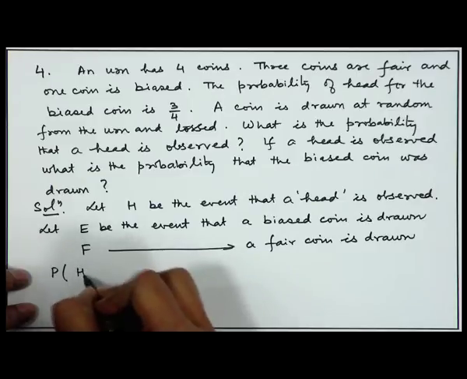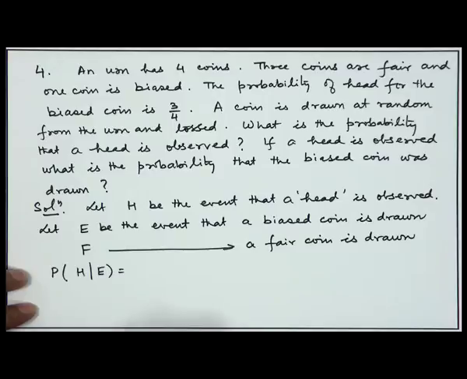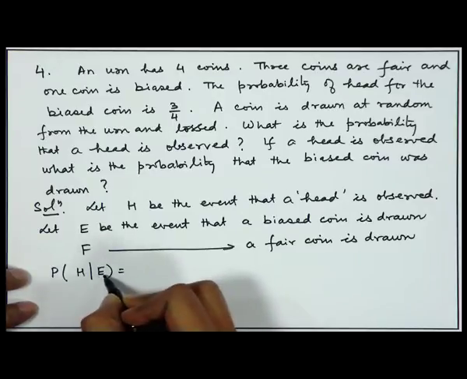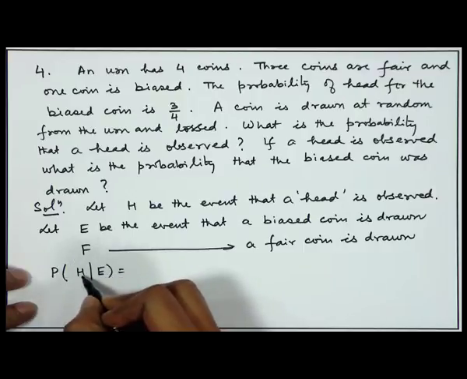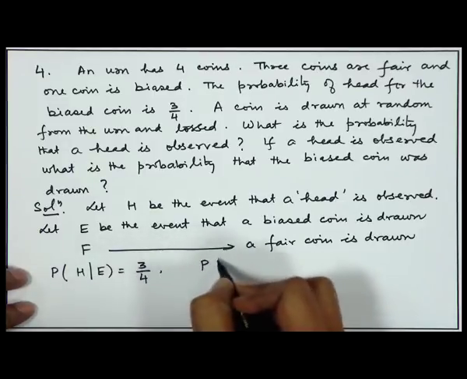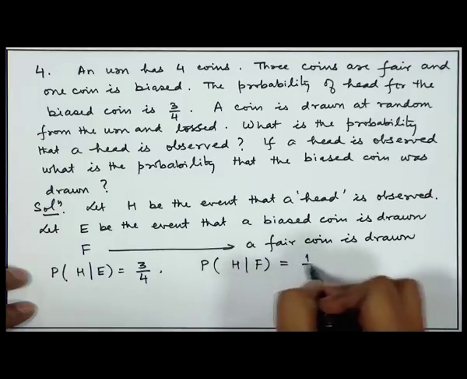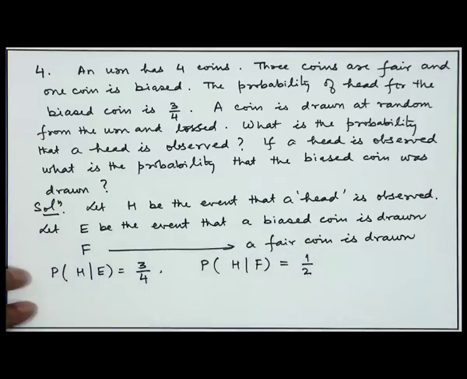Then what is the probability of H given E? H given E means that from the urn we draw a biased coin and then we toss it. Then the probability of head will be 3 by 4. What is the probability of head if a fair coin is drawn? Then the probability is half.